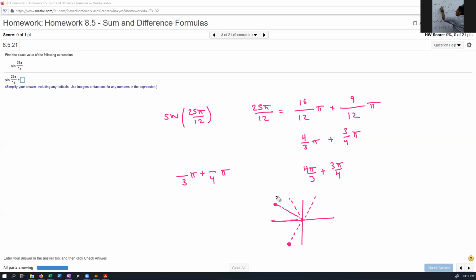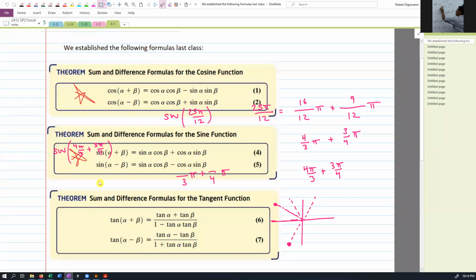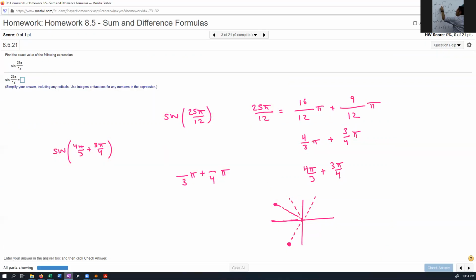That should work. So we're going to look at this as sine of 4 pi over 3 plus 3 pi over 4. Then we can use the sum formula, which for sine is sine of alpha plus beta equals sine alpha cosine beta plus cosine alpha sine beta. That's what I'm about to use.